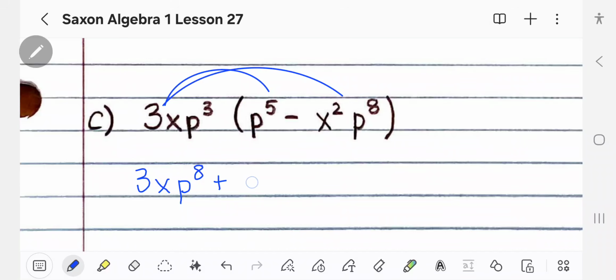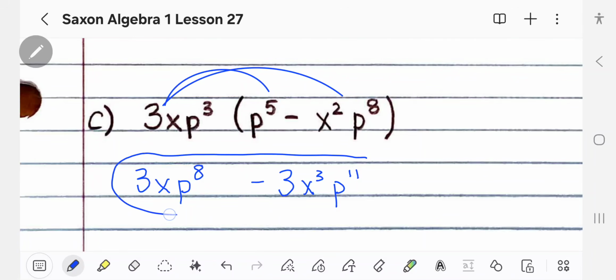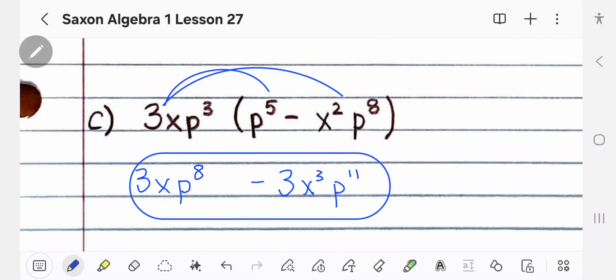Plus, and then we have a negative 3x times x squared. Remember, there's a 1 here that they're not going to write. X times x squared would be x cubed. P cubed times p to the 8th would be p to the 11th. Okay, and we can simplify it a bit by getting rid of this plus sign and just leaving this written as a subtraction.